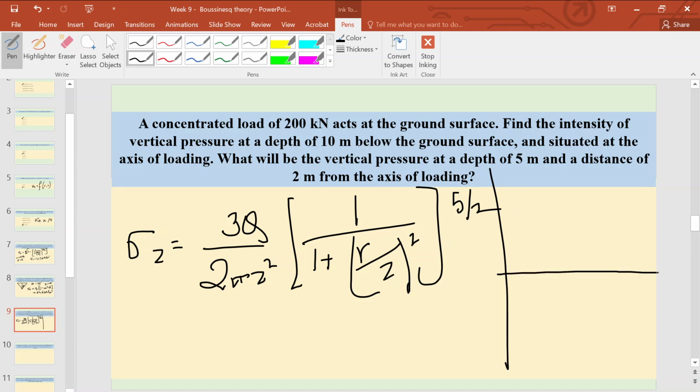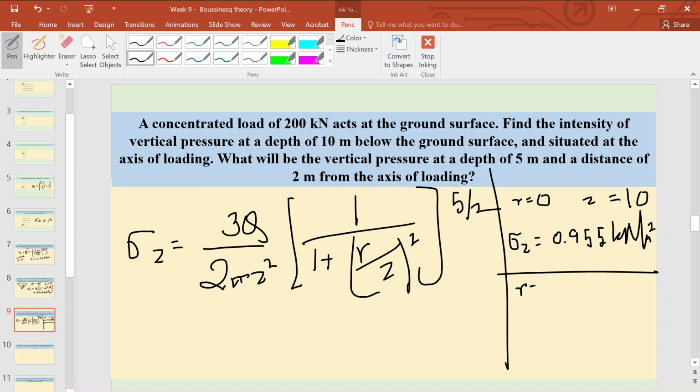The first one where r equals 0 and z equals 10, right? The value for sigma z was 0.955 kilonewton per meter square. Is it right? Yes, sir.